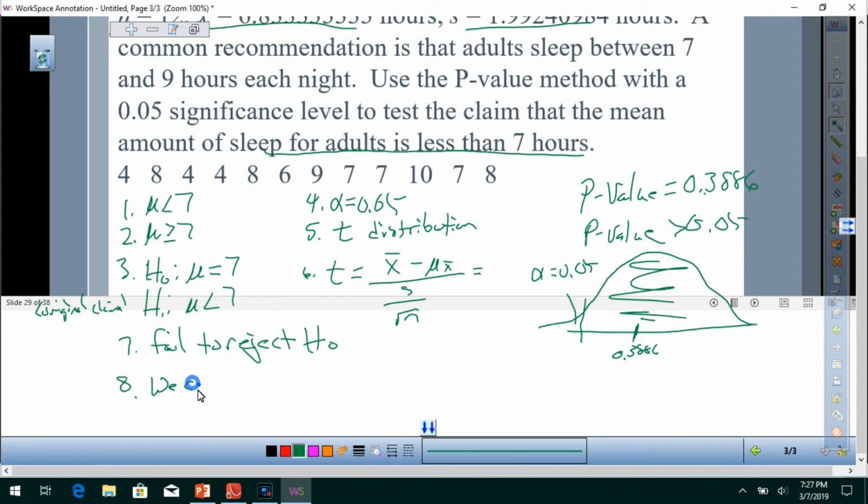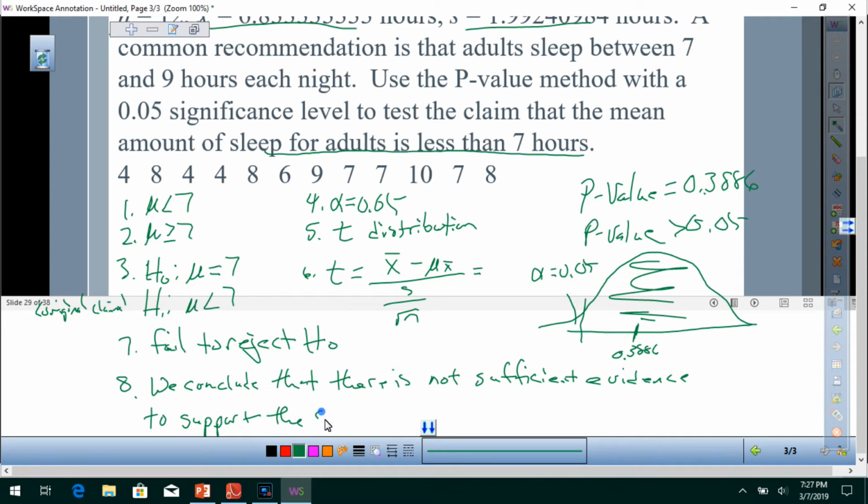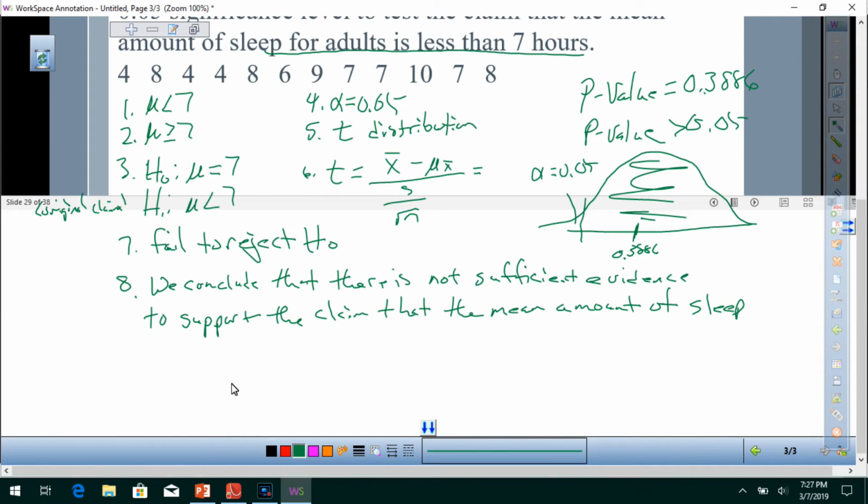So we conclude that there is not sufficient evidence to support the claim that the mean amount of sleep is less than 7 hours.